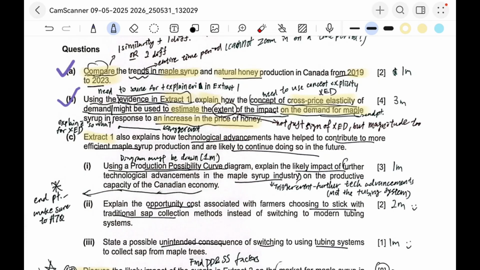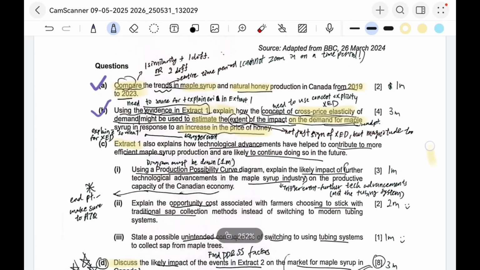So you see here for part C, there are 3 subparts under it, part 1 to part 3. So likely you need to answer these 3 parts in relation to Extract 1. Okay, so let's see what the questions are.